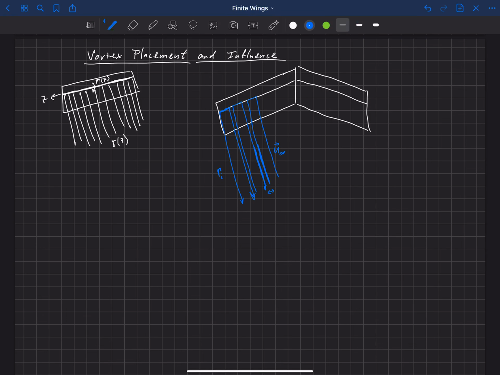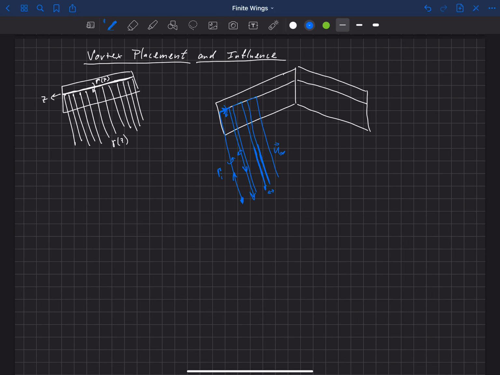So the direction here of this vortex is such that it comes in this direction and leaves in the opposite direction here, and has a direction along the quarter chord in that direction there. Okay, so it's inducing velocity in this direction along its length.